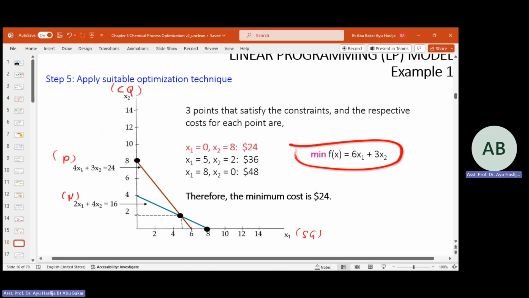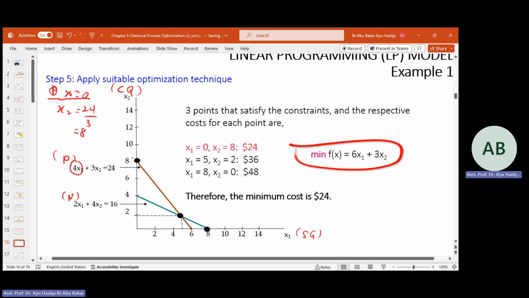For P, when x1 equals 0, okay, so x2 equals 8.